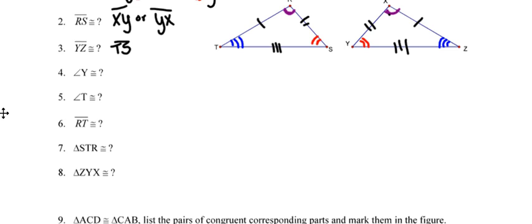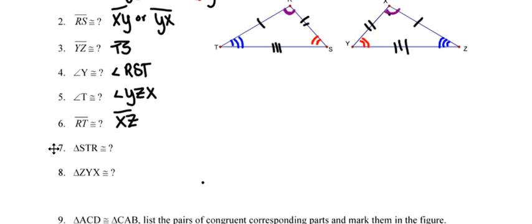Angle Y is going to match up and pair up with angle RST, the red one in the first triangle. Angle T is going to match up and pair up with the blue one, so angle YZX. Side RT pairs up with side XZ, or side ZX, it's the same line segment.